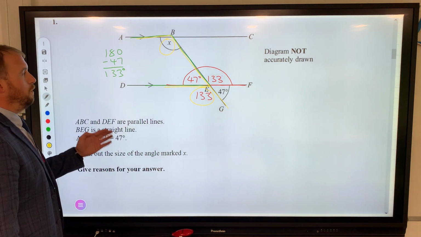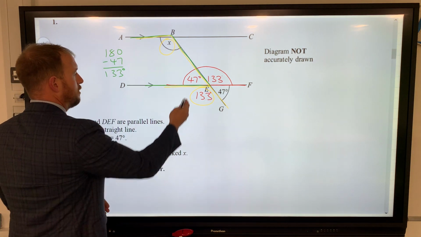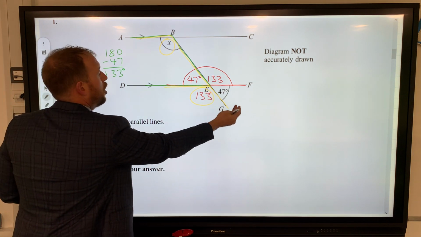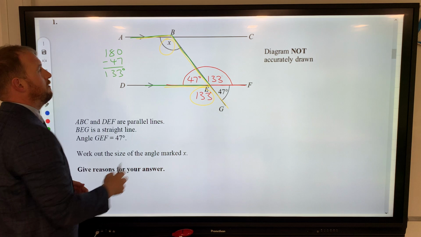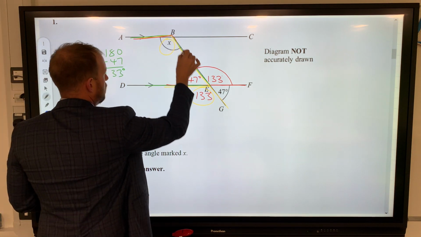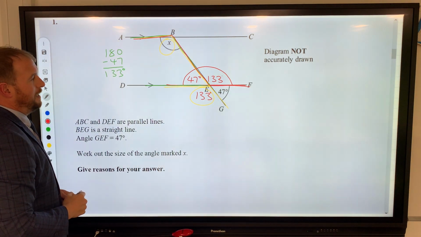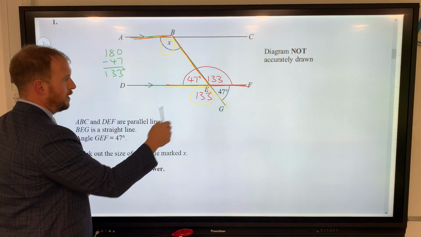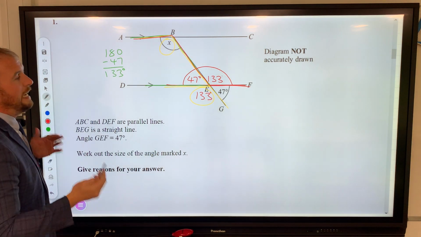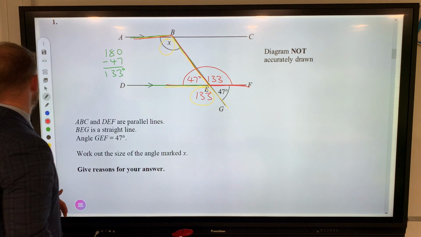Okay, so there's different ways of giving the correct answer. Some of you might have used the corresponding rule, some of you might have used the opposite rule, and then the co-interior rule. You could even use the alternate rule. We've got a Z angle. So this question is nice because you can use either of the rules to get there, starting with the number they're giving you and then make your way there.